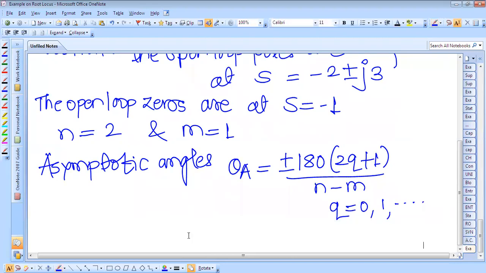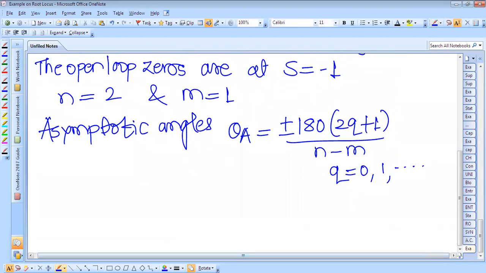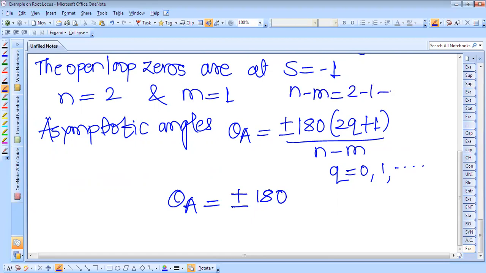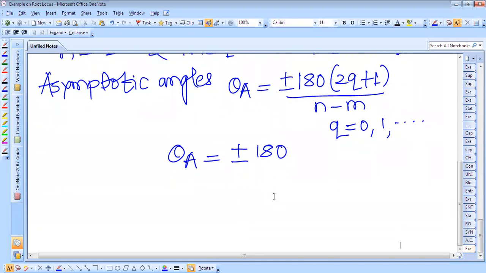Okay, so as n minus m is 1, we have to substitute here only the value of 0. If we substitute q is equal to 0, we'll get plus minus 180 degree, and n minus m is 1. Okay. So the next we have to find the breakaway points.